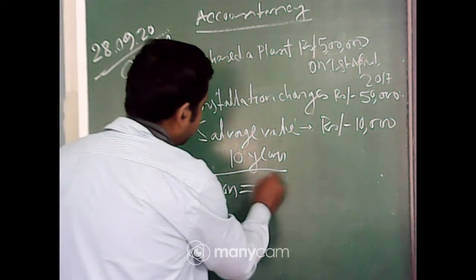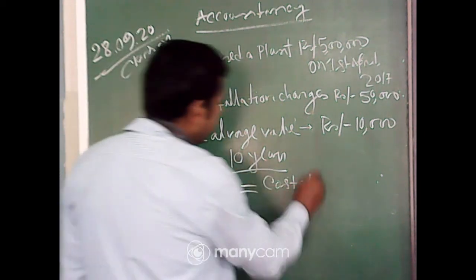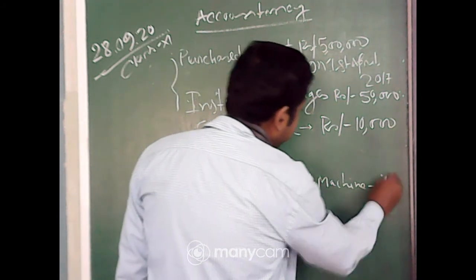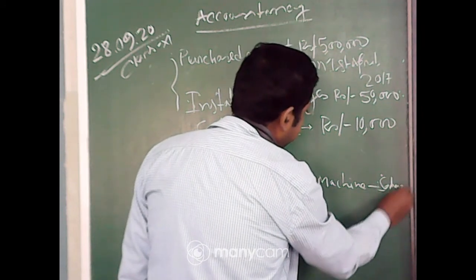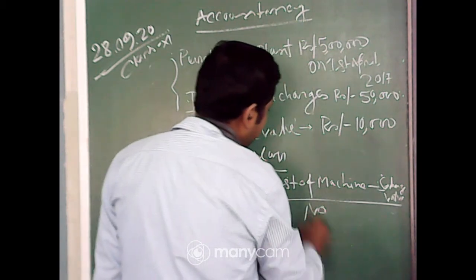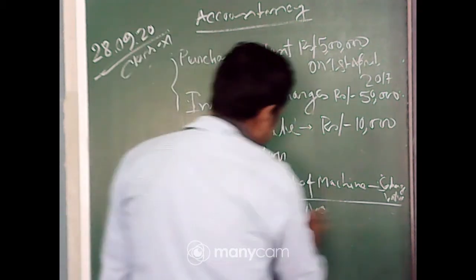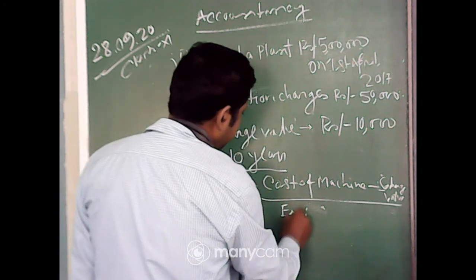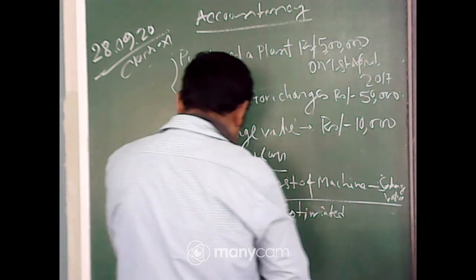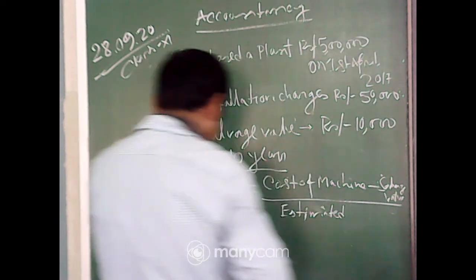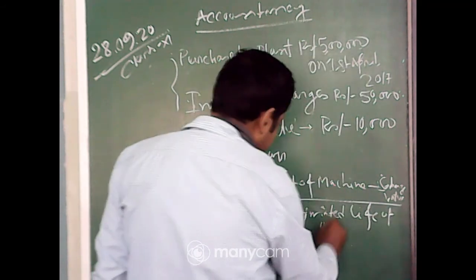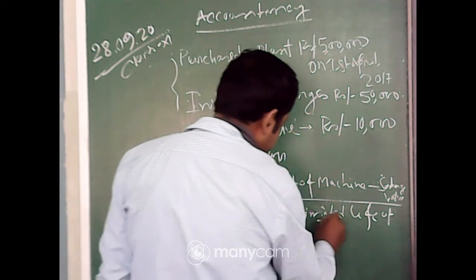That is cost of the machine minus salvage value, divided by number of years, or estimated life of the machine. Okay, estimated life of the machine.